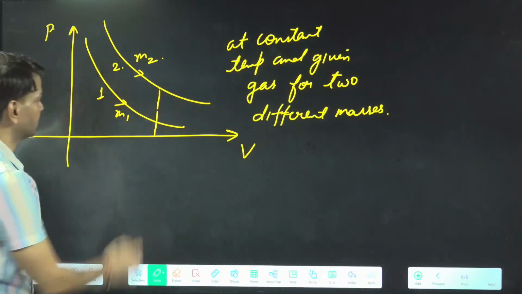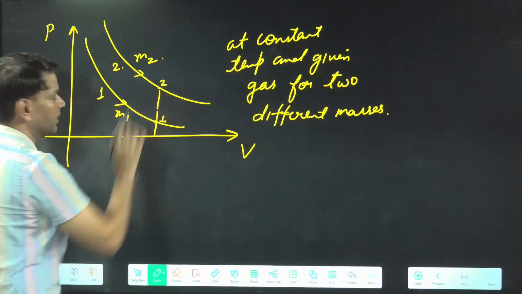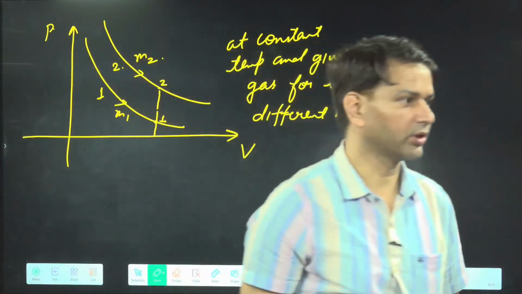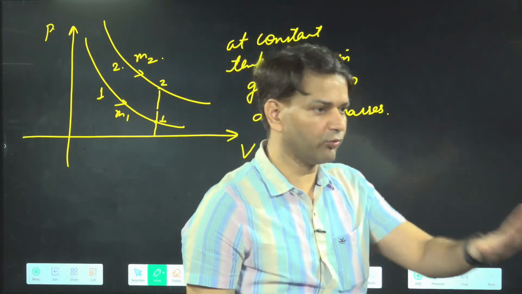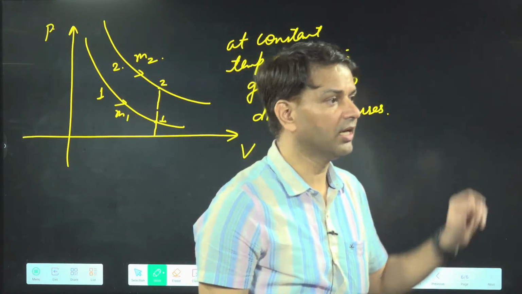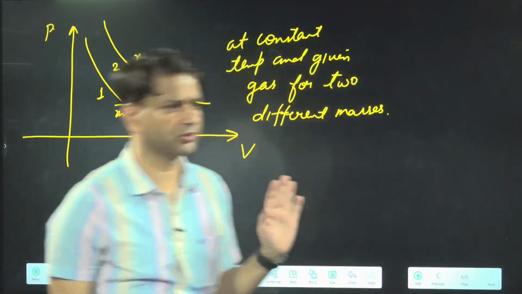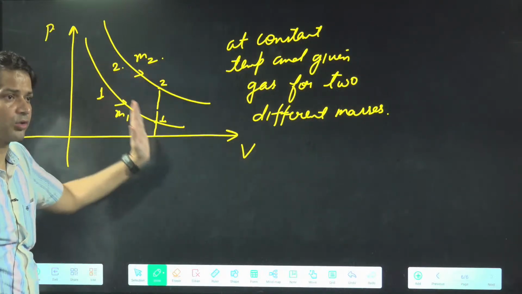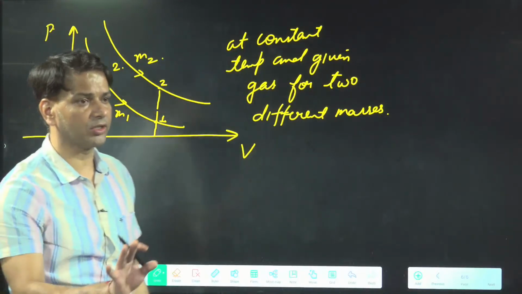Suppose I take the line perpendicular to the volume axis. This line cuts graph 1 at point 1 and graph 2 at point 2. When you take the line perpendicular to the volume axis, the volume will be constant. And when you take the line perpendicular to the pressure axis, then the pressure will be the same. The choice is yours.